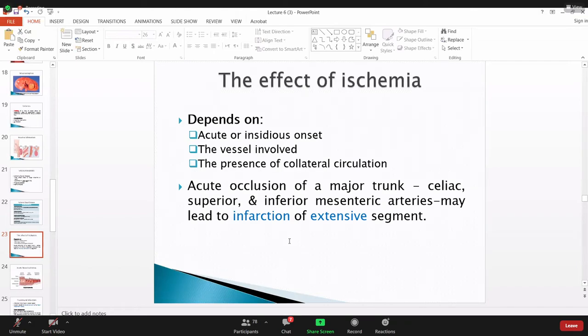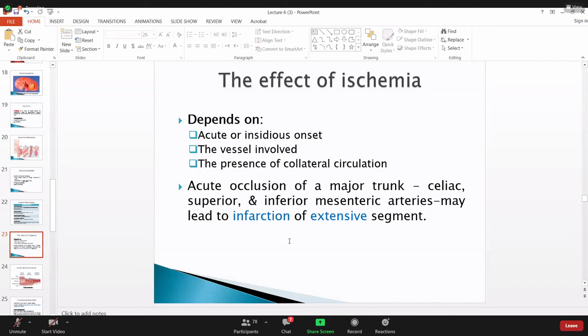Second, the vessels involved, is it a major branch or a small one, and the presence of collateral circulation. We said that the more chronic the ischemia, the more collateral circulation develops. That's why, if you remember, when we discussed the effect of myocardial infarction on young people who have no collateral circulation, it is more severe than in people who have collateral circulation.